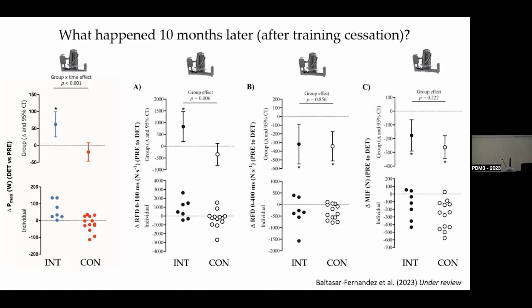So although the increases in maximum muscle power were 40%, these COPD patients still have an increased maximum muscle power, around 20%, when compared to baseline levels. It was not the case, for example, for rate of force development at longer contraction times, where there is a decline compared to baseline, but at the shorter time, at 100 milliseconds, there is still a gain in function.